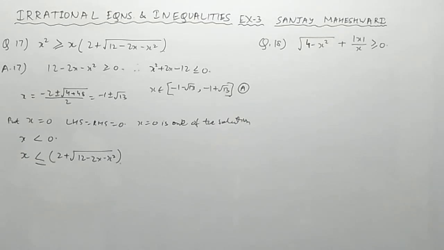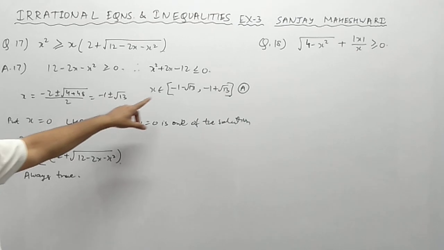So here it is always true. No issue about that. It is always true for all values of x less than 0, so we need not check anything further and we can move on.